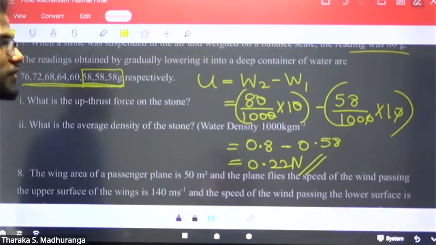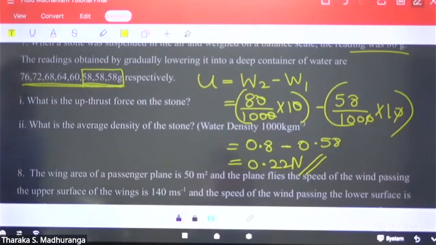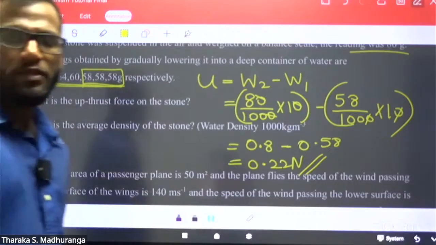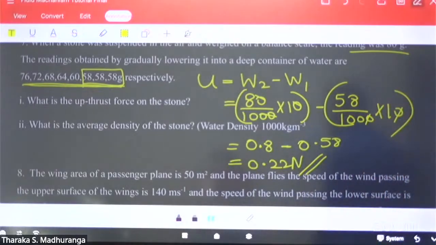Now the second part: what is the average density of the stone? Can you calculate? Simple question. Actually, this is the best method to find the density and volume of any object, because stone-like objects are irregular and don't have a shape.